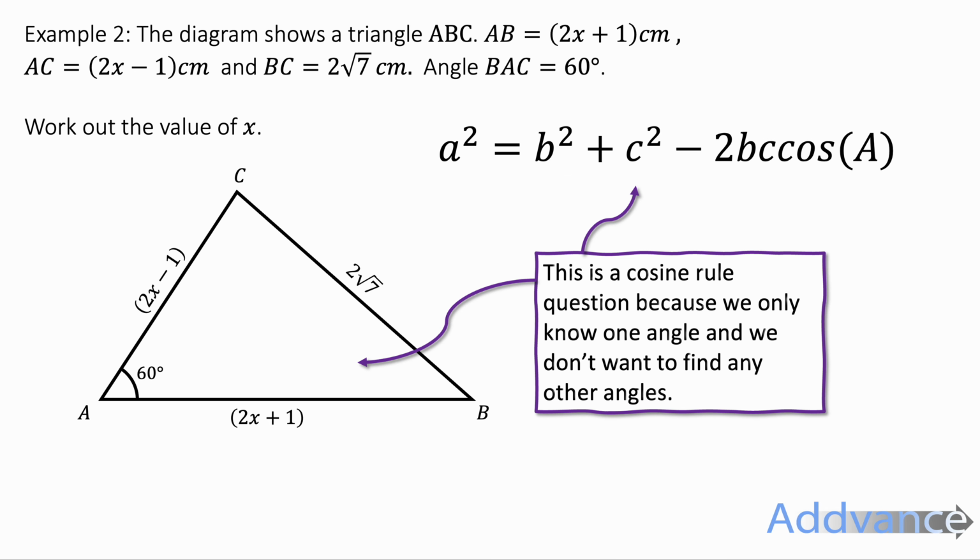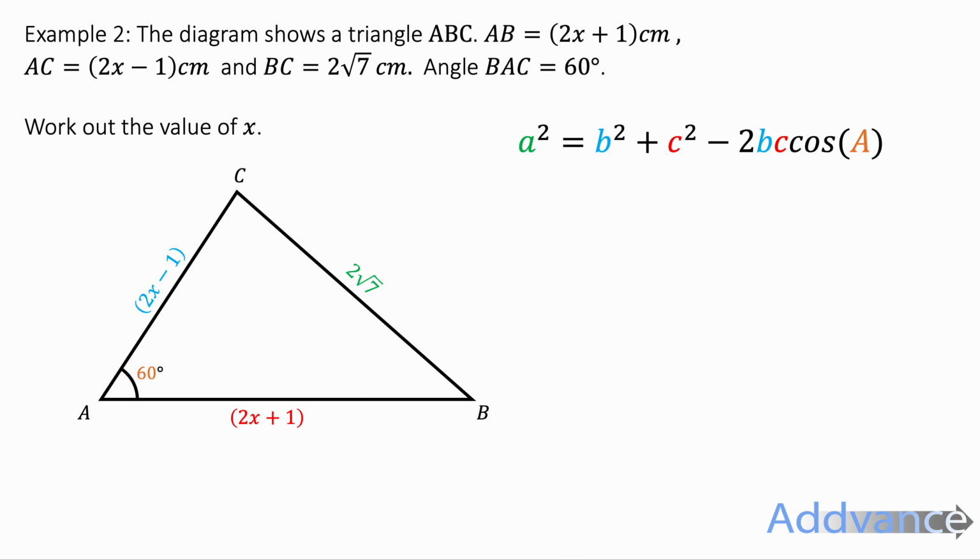So we're going to use cosine rule here because we only know one angle and we don't want to find any other angles. So we wouldn't use sine rule here because sine rule will be if you're interested in two different angles. But here we're only interested in three sides and one angle. Okay, so we can label those sides here. I can see A is in green, B is in blue, and C is in red.